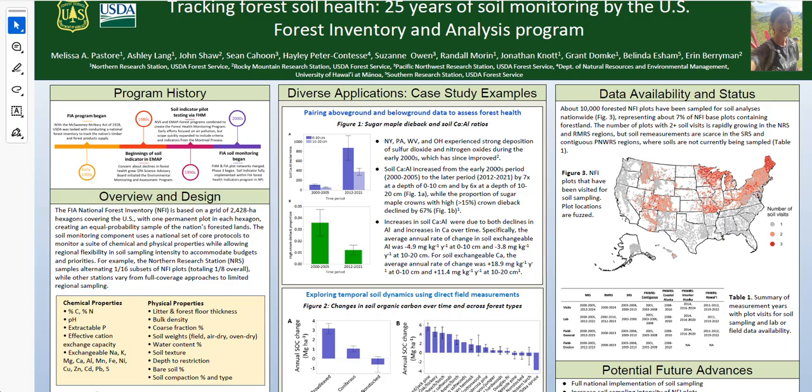The NRS measures 1/8 of forested NFI plots by alternating between two 1/16 subsets, and we just published soil lab data from 2012 through 2021, adding to the data that already existed through 2005, so now is a great time to explore what's available in the FIA database if you're interested in soils.